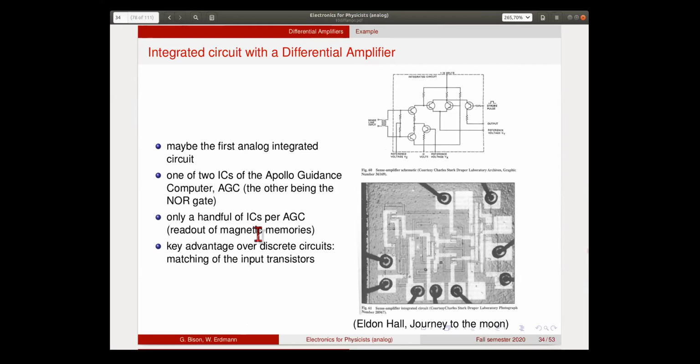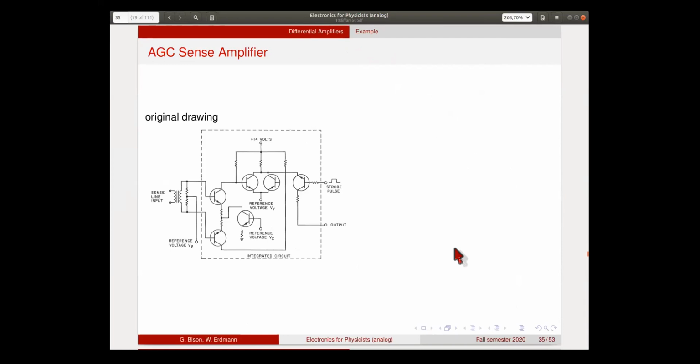So this shows a photograph of the die, where you have the wire bonds connecting to the circuit, and then these structures here are resistors, and these are the transistors. So let's look a bit at the circuit diagram. It looks a bit strange. It's not drawn the way I would draw it these days.